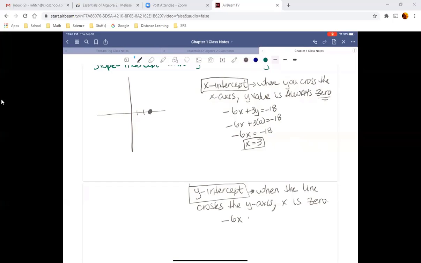Negative 6x plus 3y equals negative 18. And if I want to find where it crosses the y, what am I going to do? Substitute x for 0. So 3y equals negative 18. Y is going to equal negative 6.